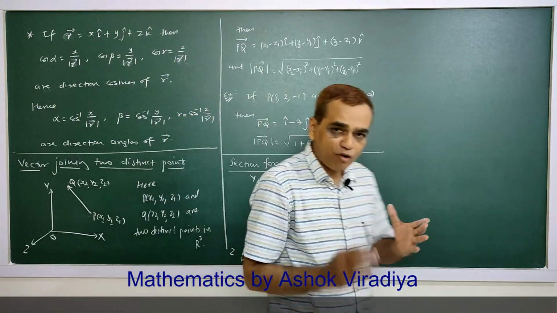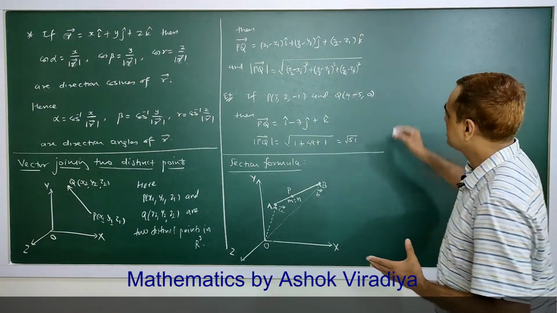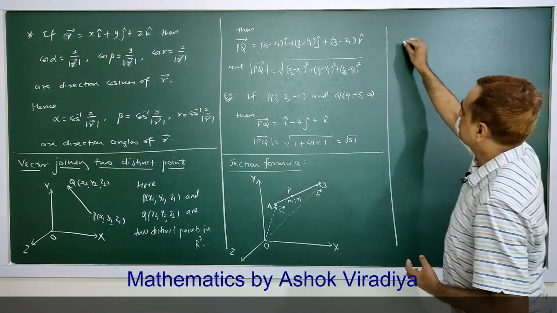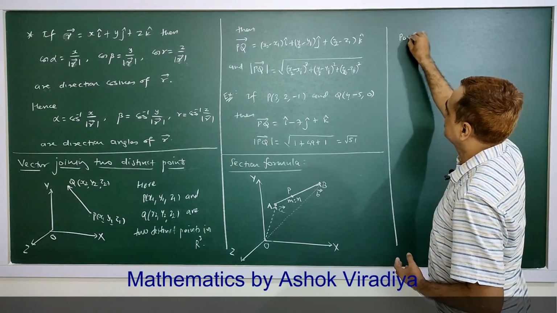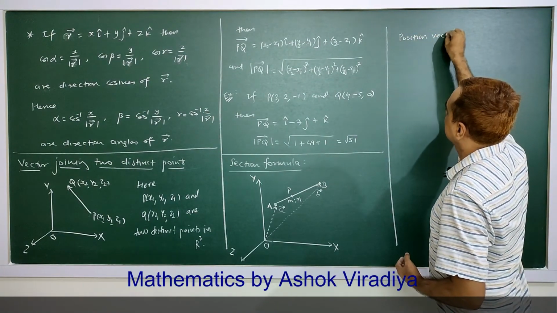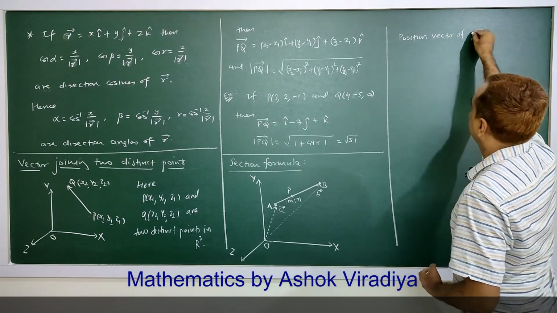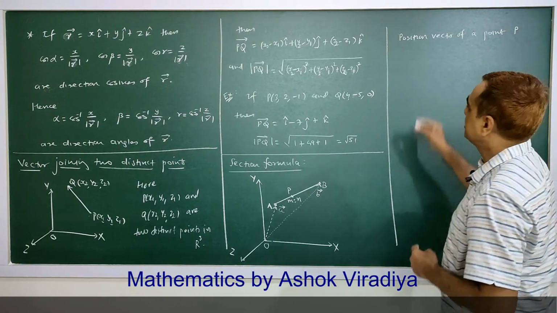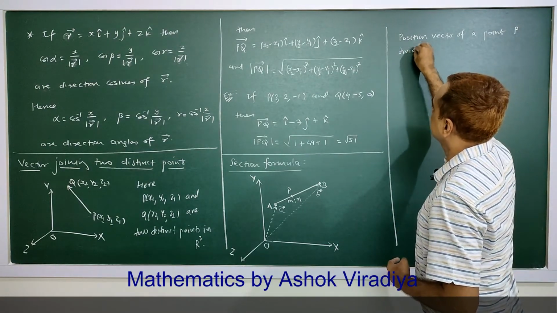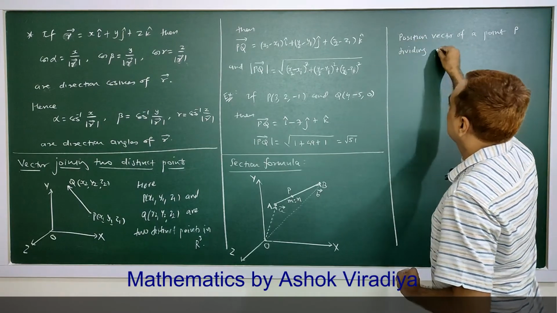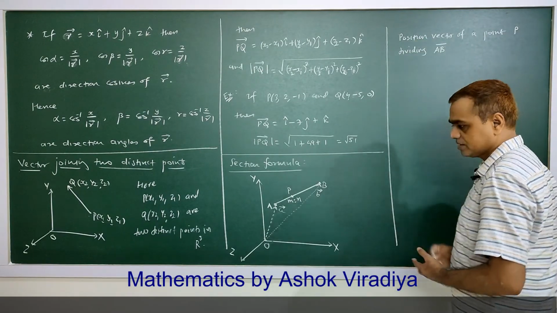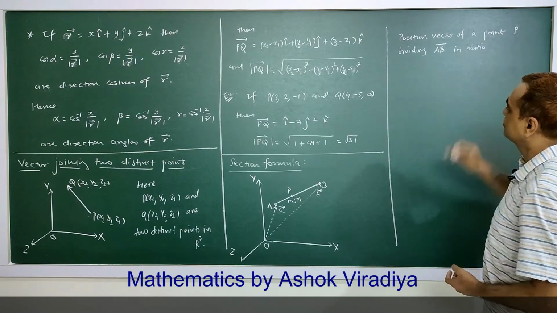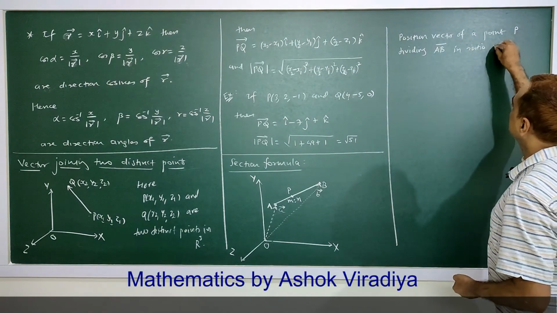Then the formula is, here I am writing the formula: position vector of a point P dividing line segment AB in ratio m is to n.